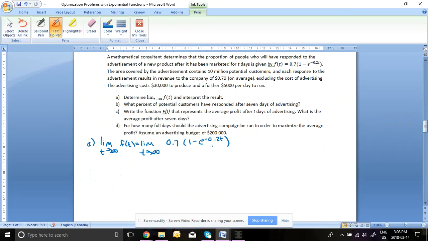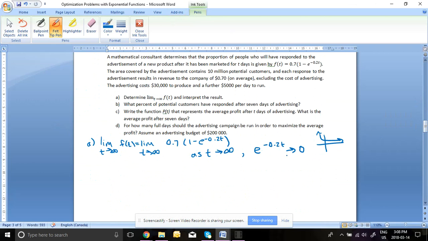So what's happening here? Well, as t approaches infinity, okay, think about the graph of e^(-0.2t). Okay, that will approach 0, because it is a graph that's shaped like this.